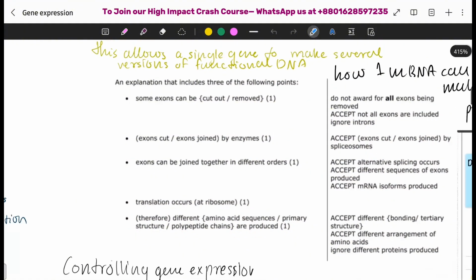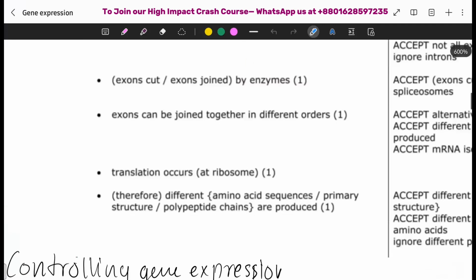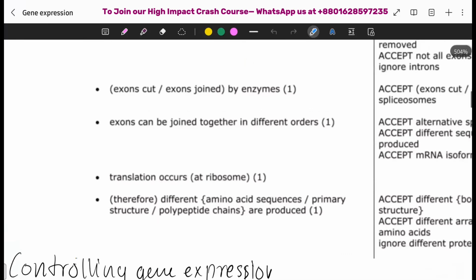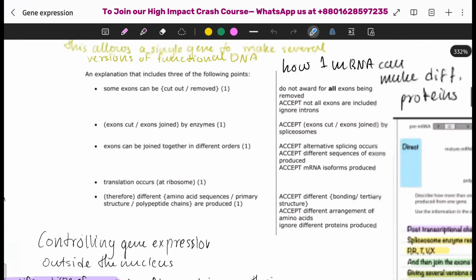After that, the translation will occur at the ribosome. And as different sequences of exons join, there will be different amino acid sequences. It's a splicing thing, okay? RNA splicing, or how one mRNA can make different proteins, same thing, okay?